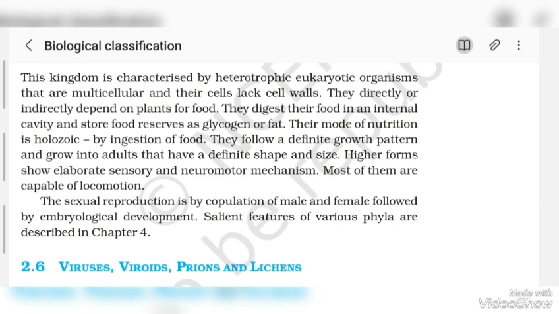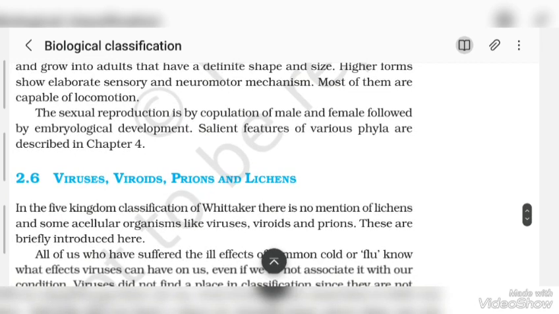They follow a definite growth pattern and grow into adults that have a definite shape and size. Higher forms show elaborate sensory and neuromotor mechanism. Most of them are capable of locomotion. The sexual reproduction is by copulation of male and female, followed by embryological development.